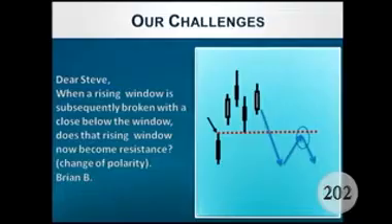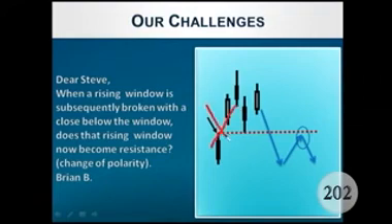It all depends. It depends completely on how often that window is tested, right? In this case, the window was only tested one time. I would not use change of polarity. If it was tested numerous times, I would use the change of polarity. And it's a little bit of a nuance, but the window is the thing that's causing the support, but it's not the window that we're using the change of polarity.